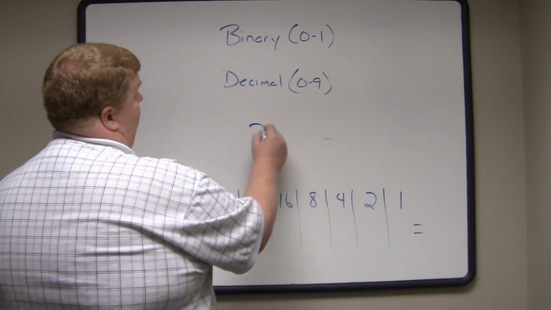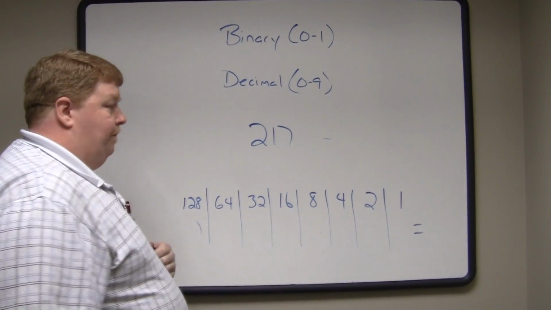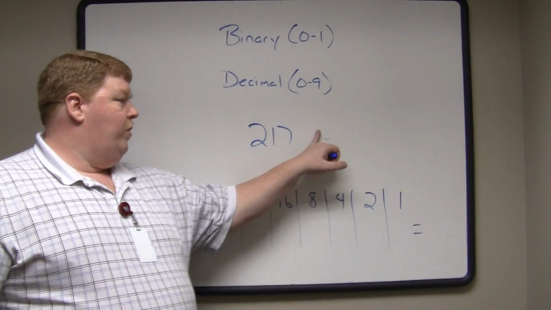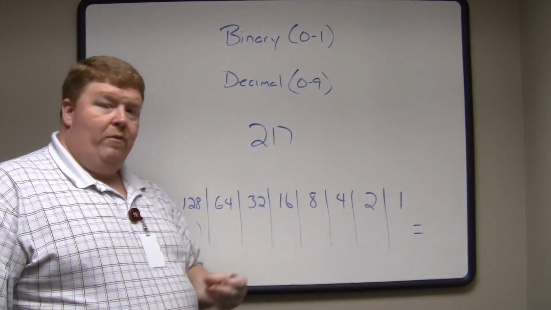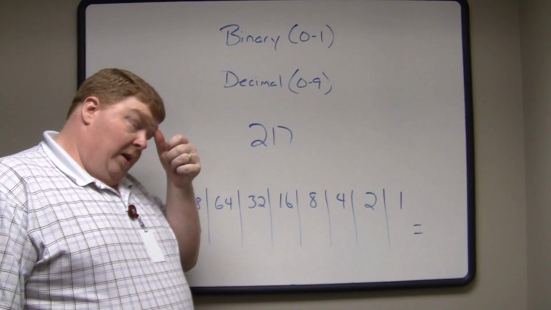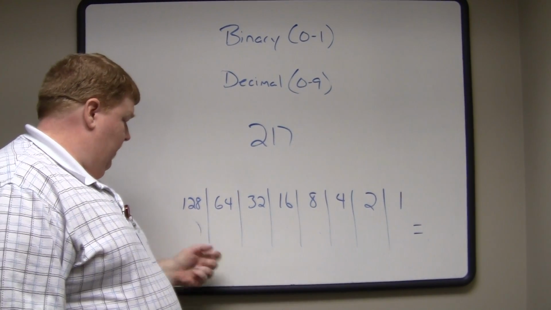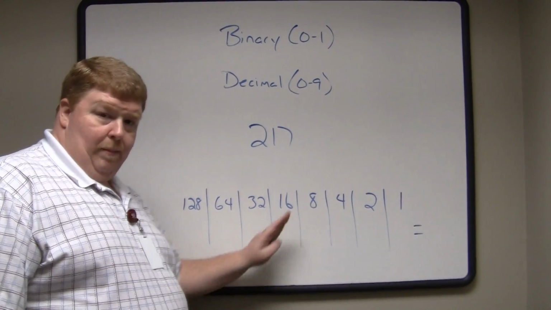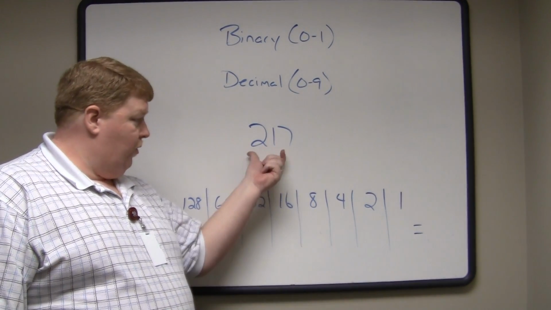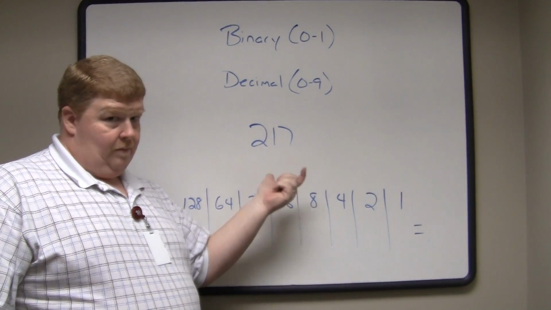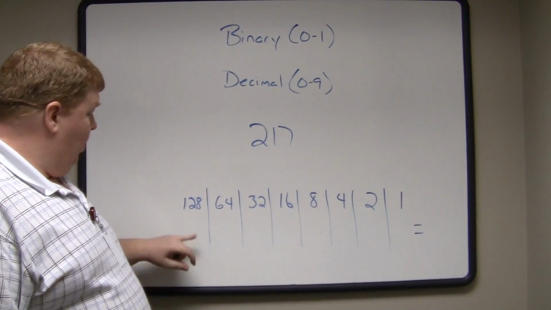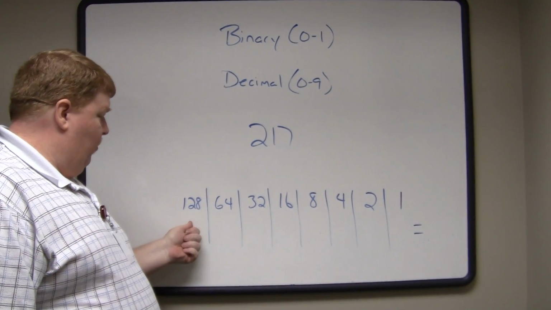We'll say it is 217. What you want to do here is reverse what we just talked about. We want to find out what plus what plus what is going to equal 217. So we need to start over here with 128.